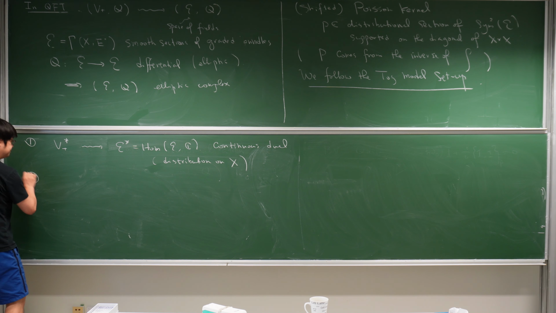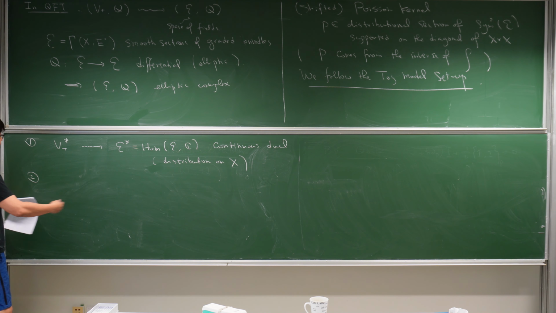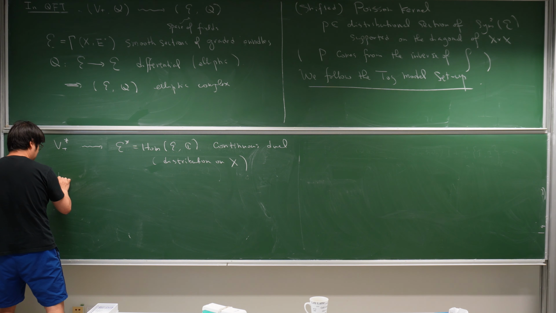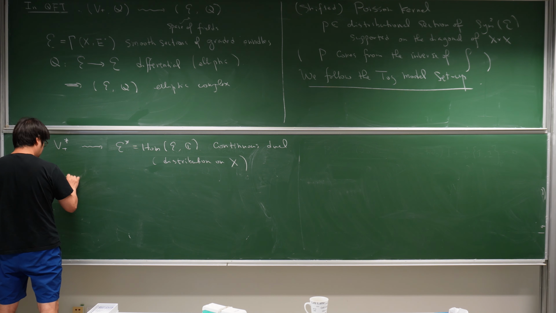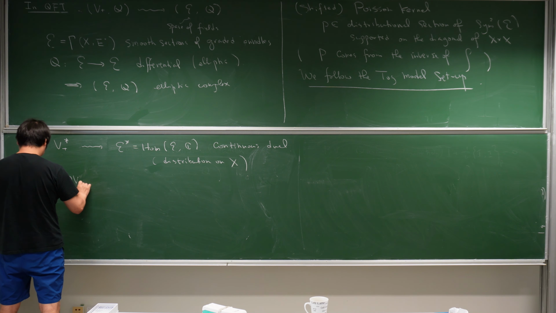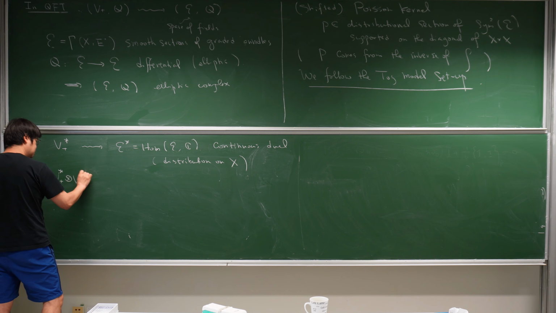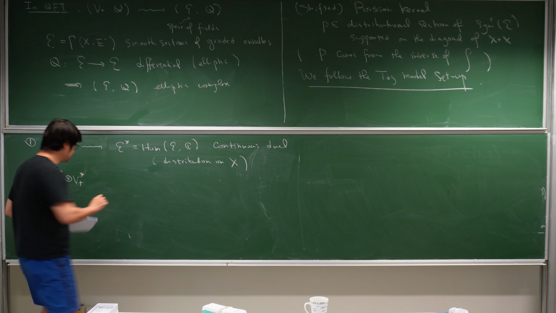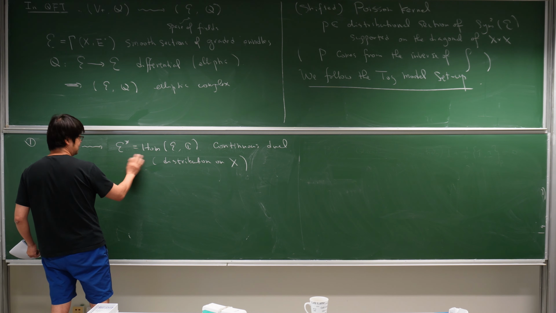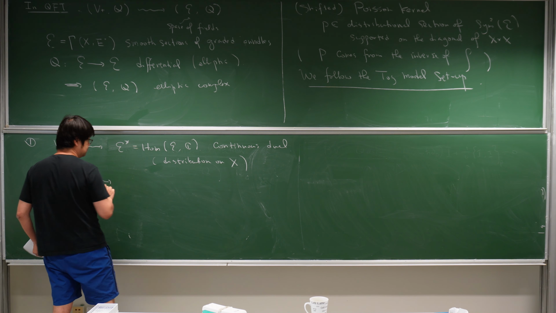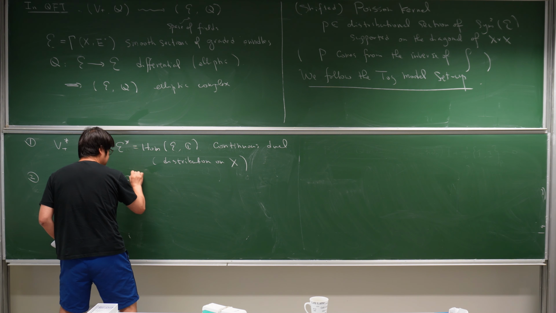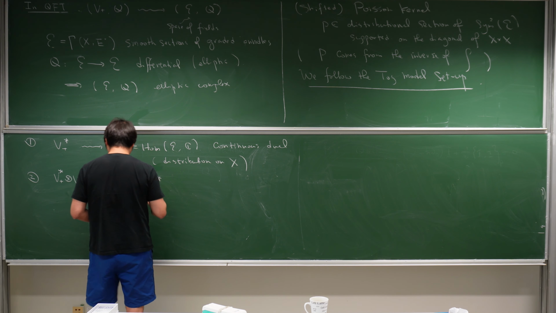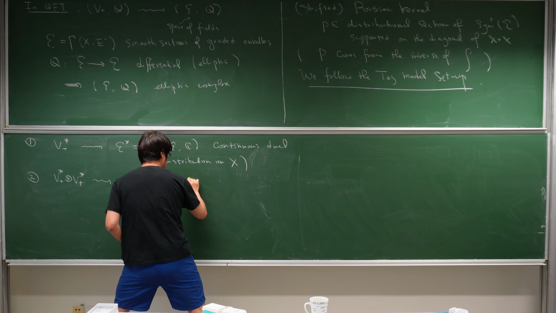Second, we need to talk about polynomial functions. So for example, let's talk about quadratic functions. So we want to talk about tensors of these two. But for the tensor, it's also okay because we know how to take the tensor. It's like a nuclear space. We can take the completed tensor product. So this is completed.